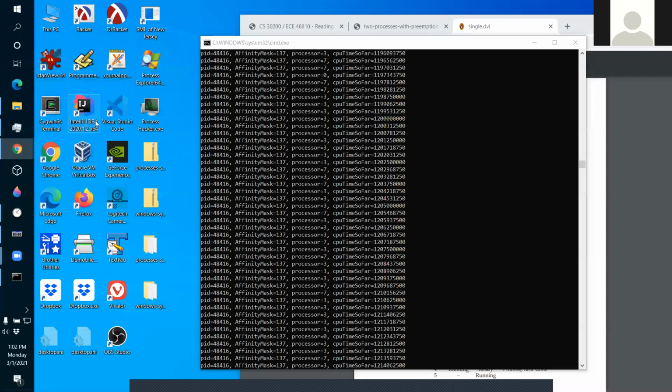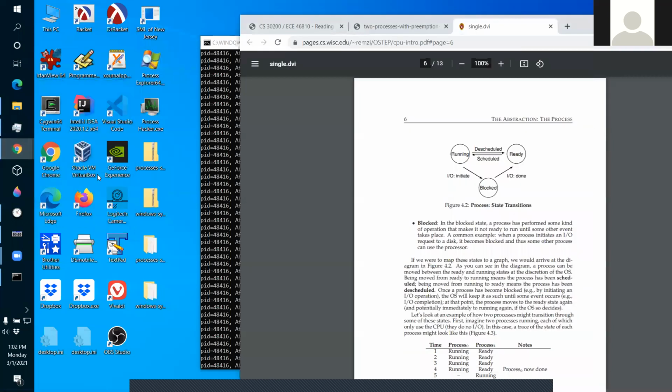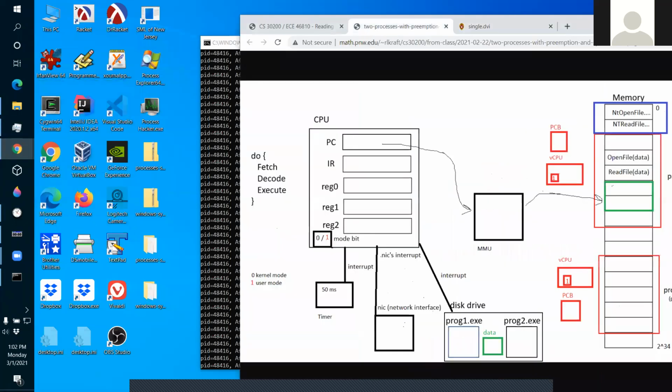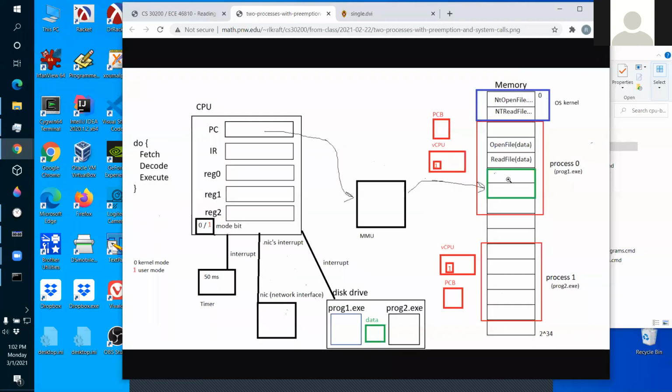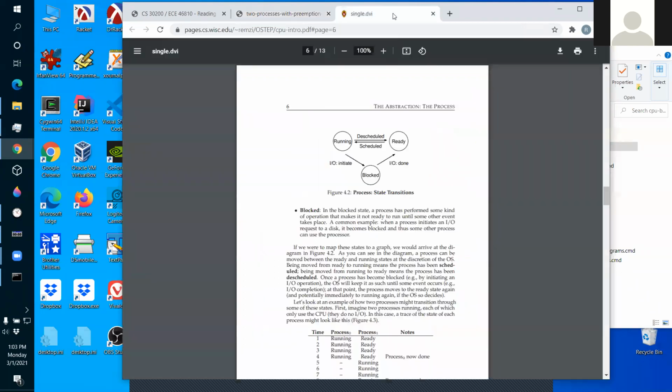What I was just doing was, think about my picture here, I had one process, but over here I had multiple CPUs running this one process. Sometimes CPU 0 would be running this process, and sometimes CPU 1 would be running this process. The process just transitioned between the running and ready state, but when it was running, it would run on whichever processor the operating system put it.